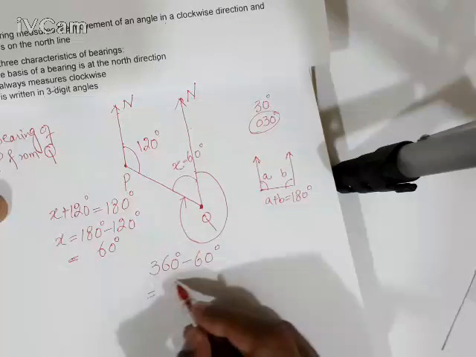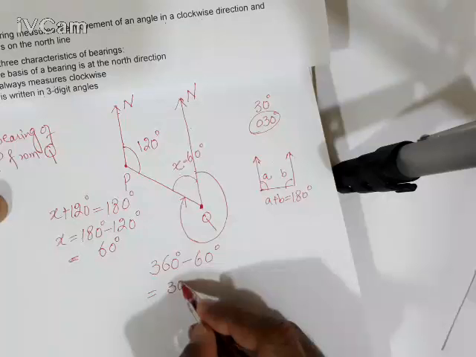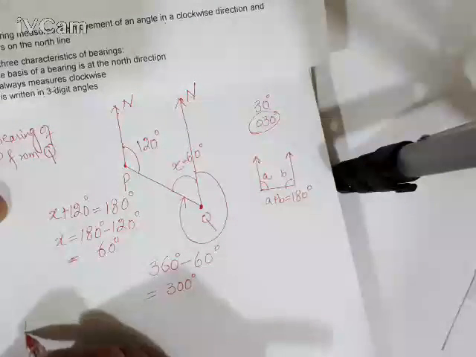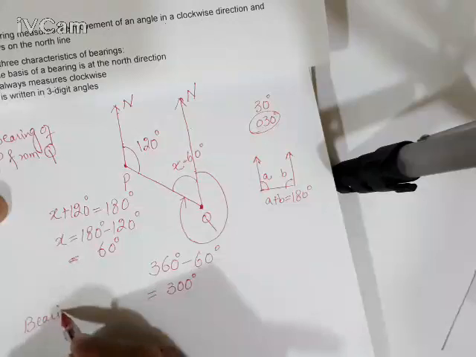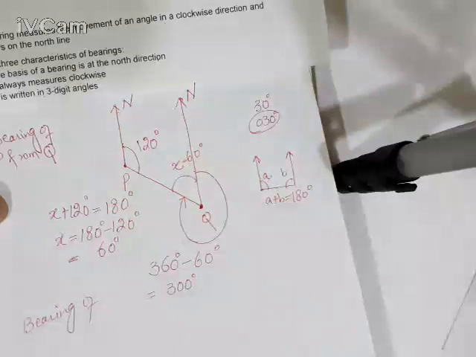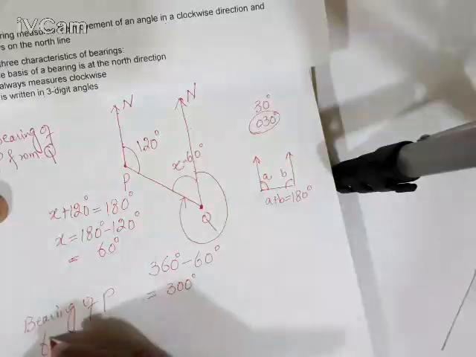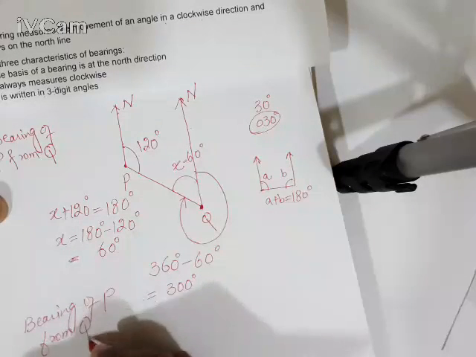After calculating we have 300 degrees. So this is our final bearing of P from Q.